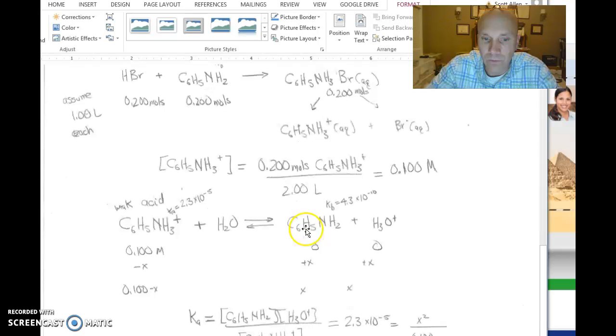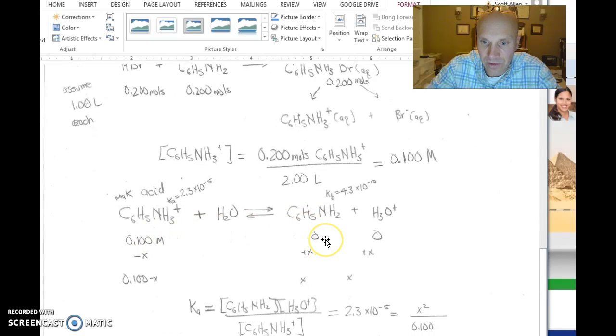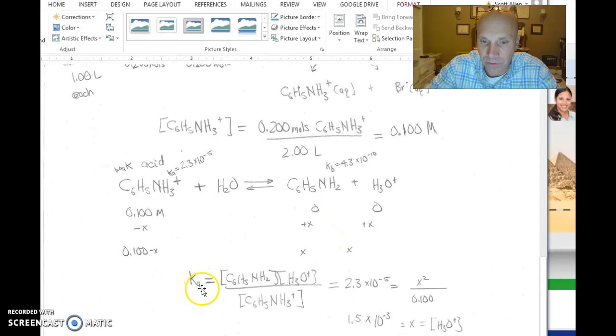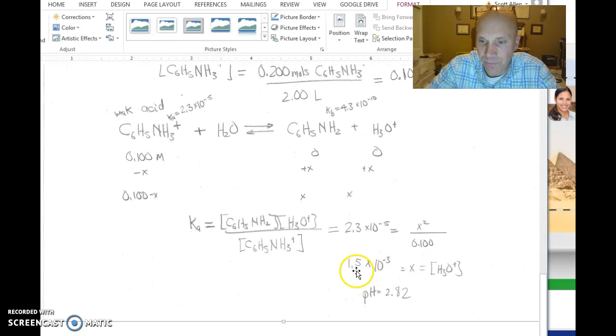So we could set up a little chart based on what we know. We could set up our Ka expression. Again, it's going to be these two things right here on the top, and this right here on the bottom. And we're going to use the Ka, which we recently determined. We will do our calculations just like we normally do.